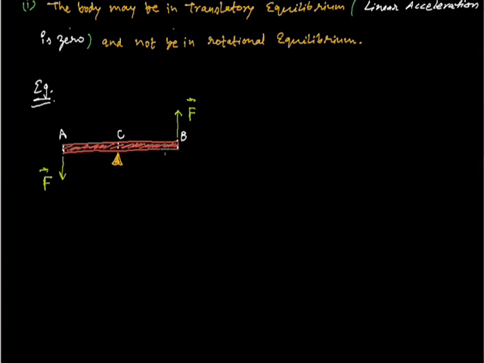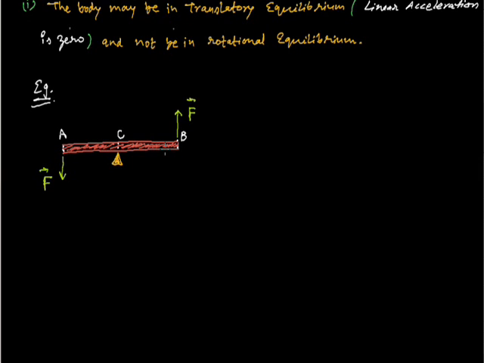But still you can see the body will not be in rotational equilibrium, because the forces acting on both ends A and B of the rod will try to rotate the rod with respect to its center of mass in the anticlockwise direction. That means the moment of the force applied at the ends of the rod will try to produce rotation about the axis passing through its center of mass.